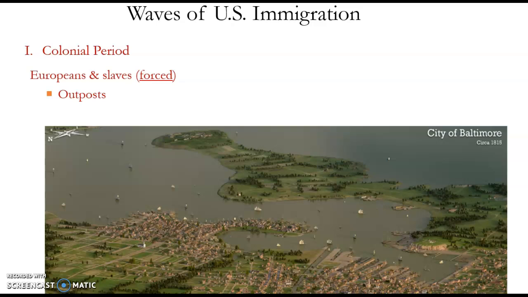But we saw how these migration streams from places like Britain and France and the Netherlands and Sweden started to establish regular movement across the ocean into the United States. So this was a time not really of great diversity. We had a population that was primarily Protestant, coming from England or France or the Netherlands or Sweden.